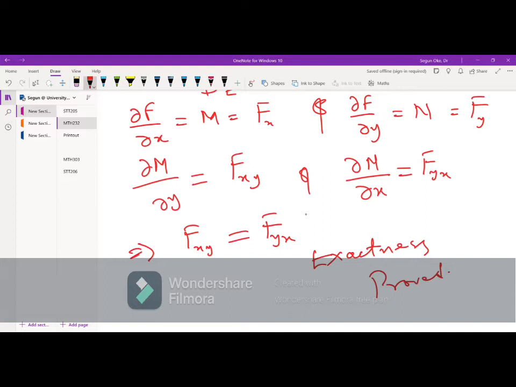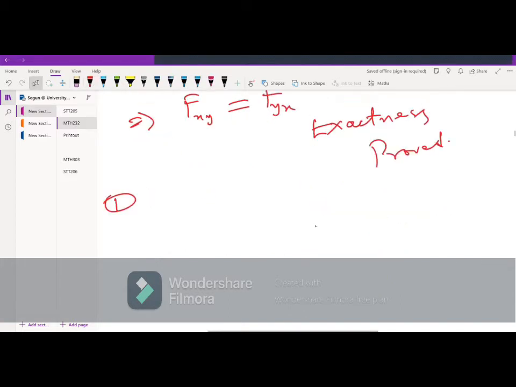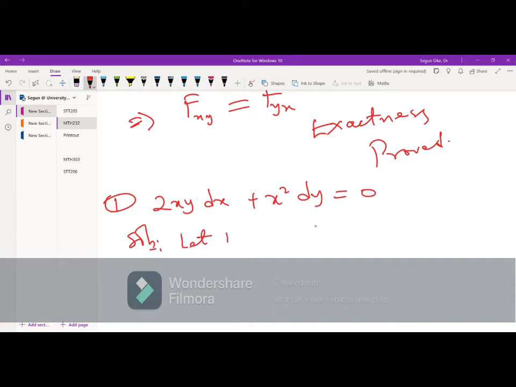So let's look at number one: 2xy dx + x squared dy = 0. To solve this, let M equal 2xy.